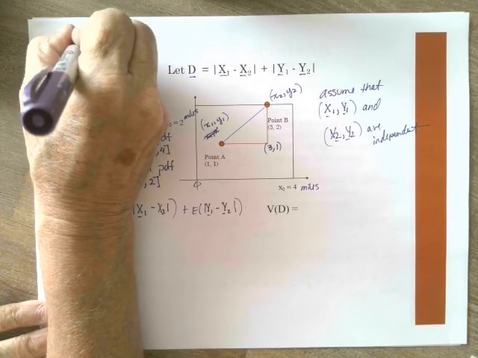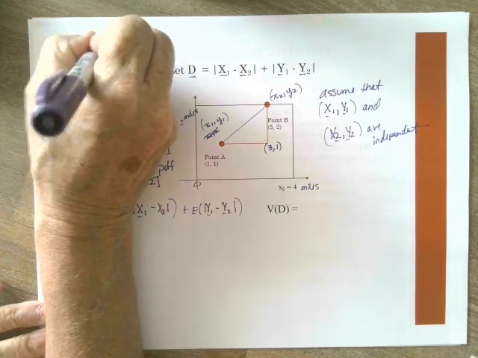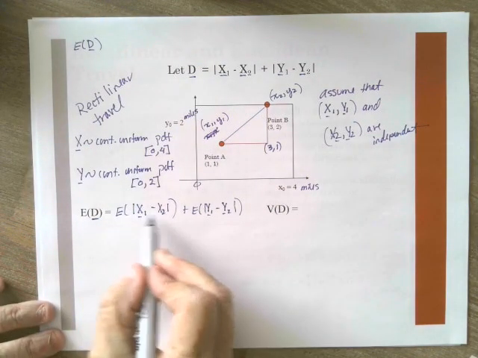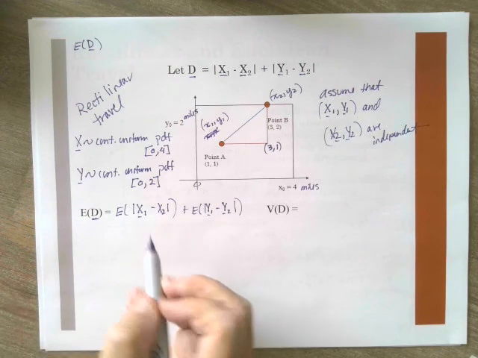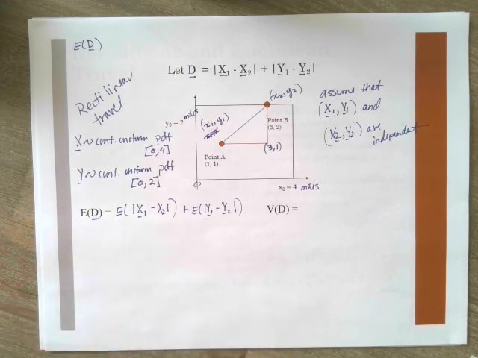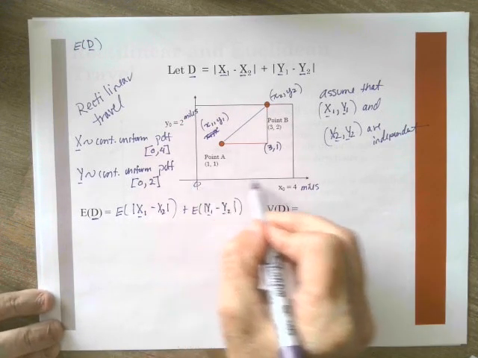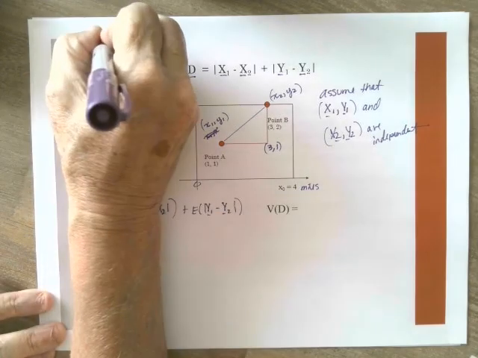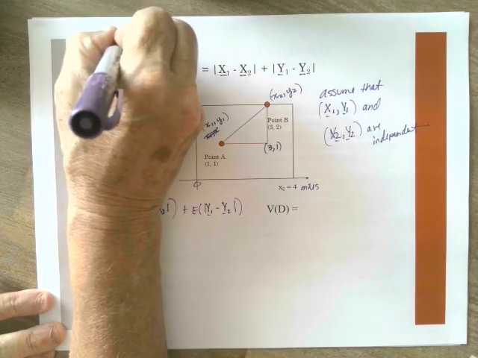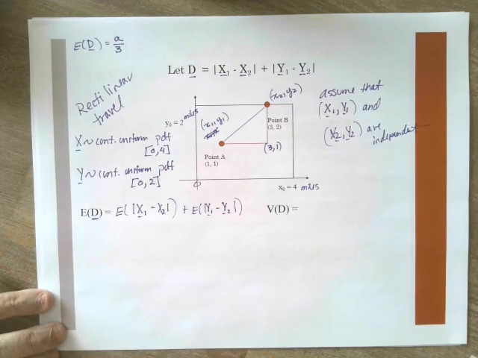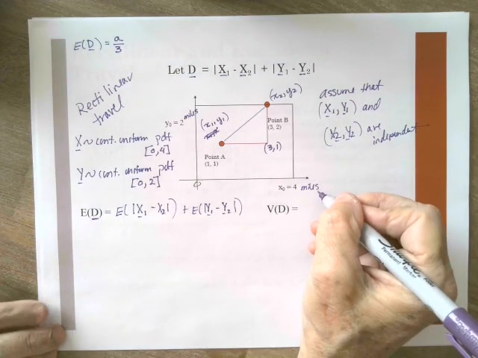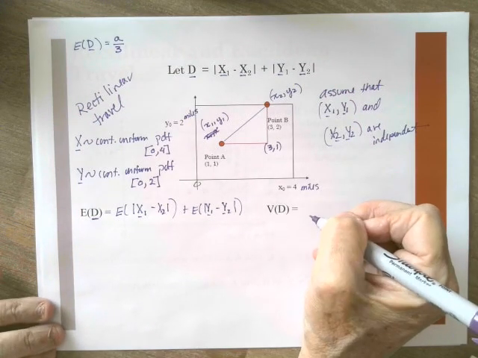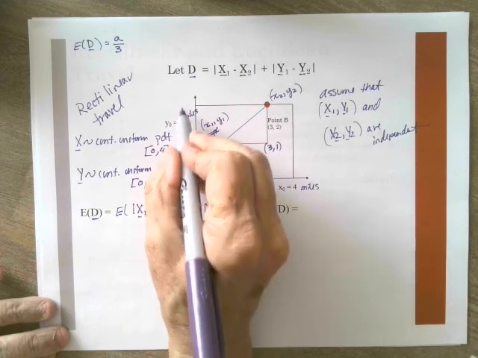Recall that we determined that the expected distance, which is just the absolute value of two random variables, if we had a street that was A miles long, was just going to be A over 3. So in this case, our A is a 4, and in this case, our A is a 2.